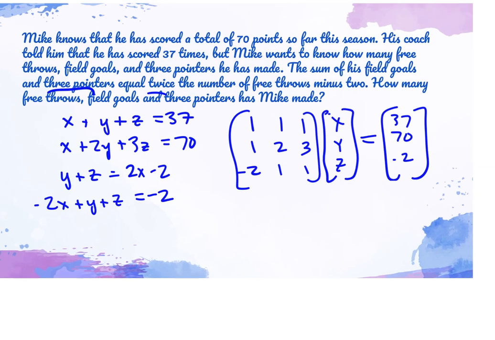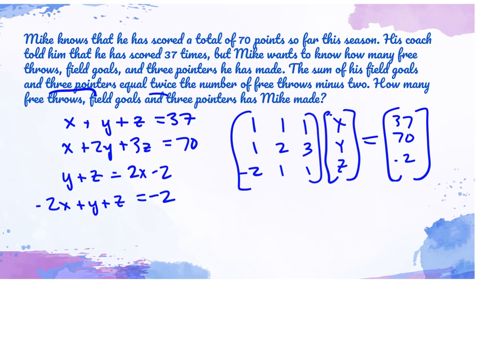Now I load that in the calculator and take the inverse, which is basically like saying take the opposite. I'm not going to show you how to take the inverse of a matrix because it's complicated.